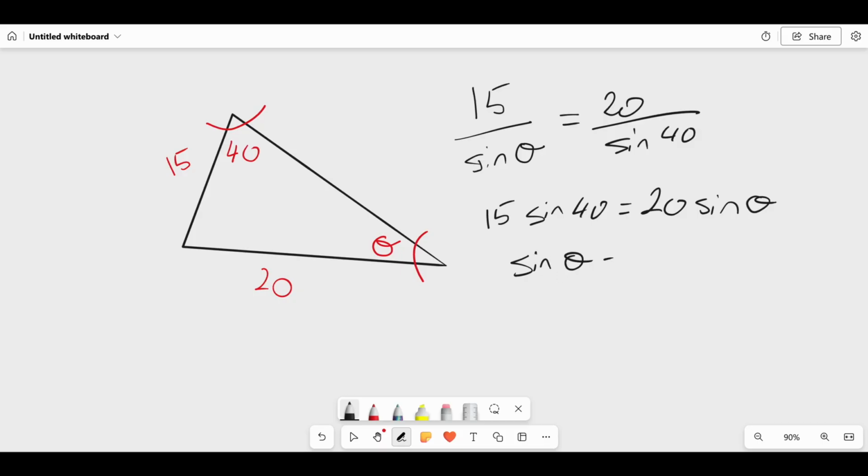Sine theta is equal to 15 sine 40 divided by 20.